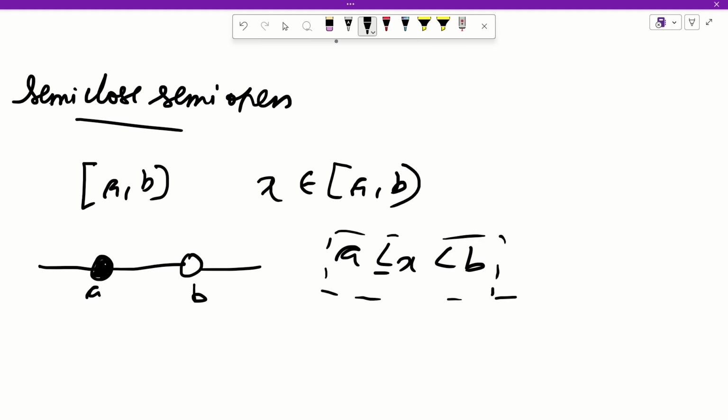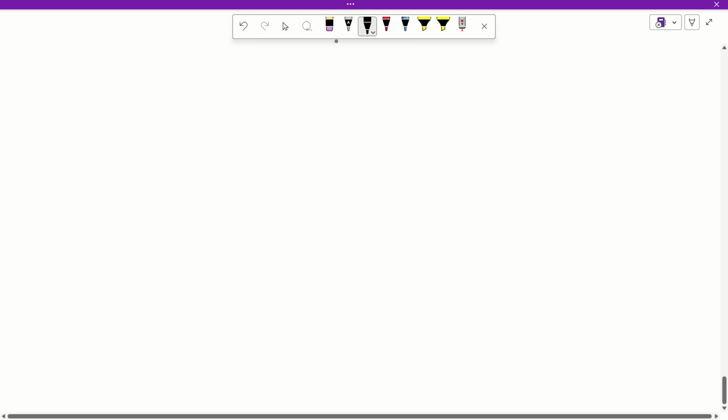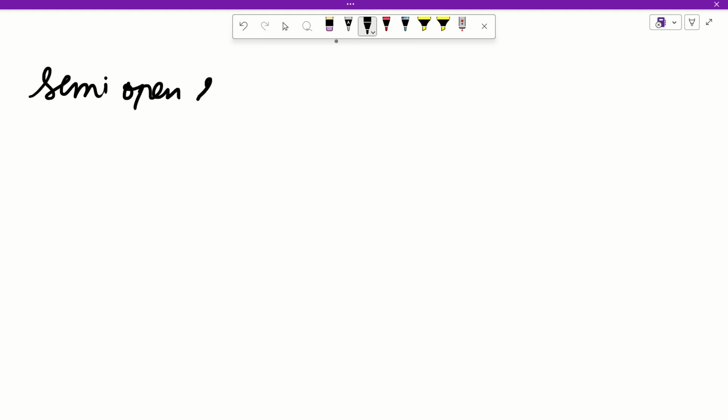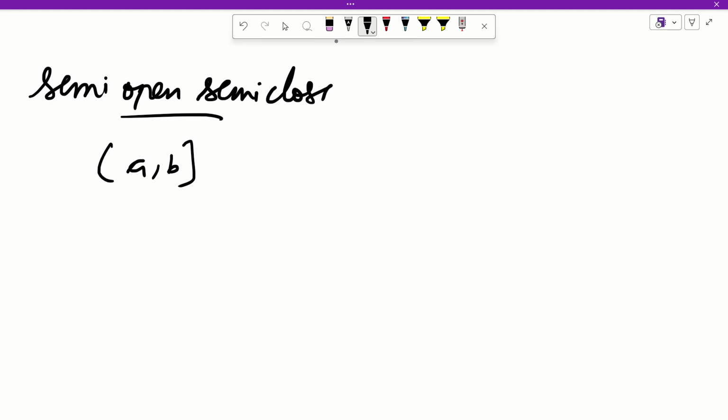And the last one we're going to learn is semi-open, semi-closed, just the reverse. For that, we represent it like this: A comma B, with B closed.